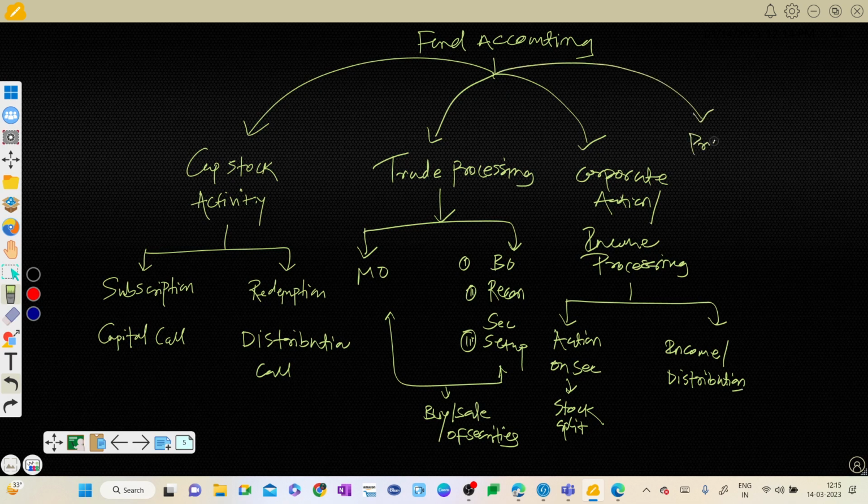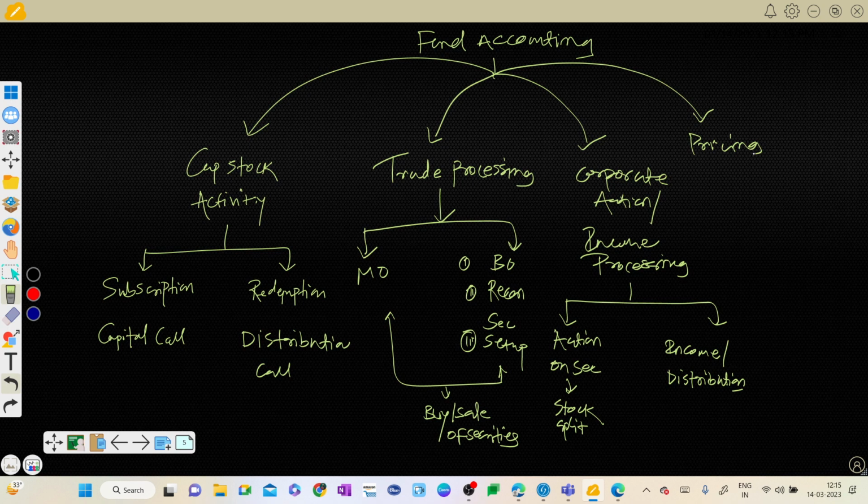Then your pricing. Pricing means different methods that come into the picture, how we price the securities. So all these basic activities that you require: cap stock activity, trade processing, settlement, middle office and back office, corporate actions, income processing, pricing.